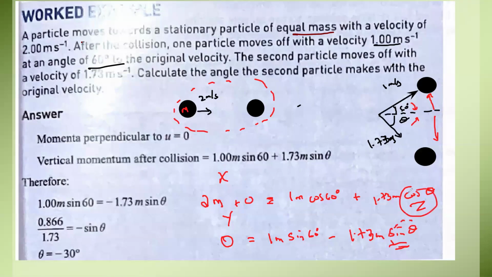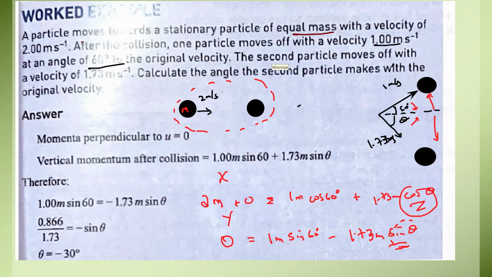We can take x or we can take y. But why in this example did they take y? They took y rather than x because the number of values in x is more compared to that in y. Is it a clear discussion? Why won't we directly know it should be 30?